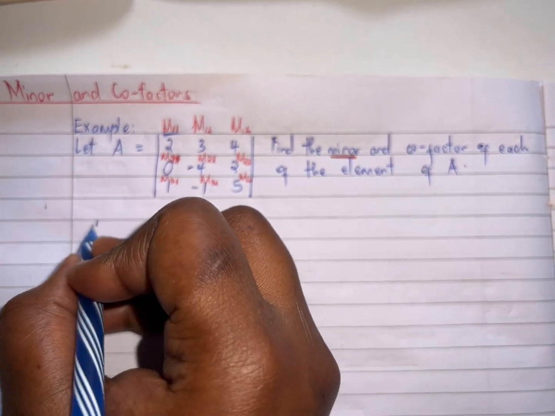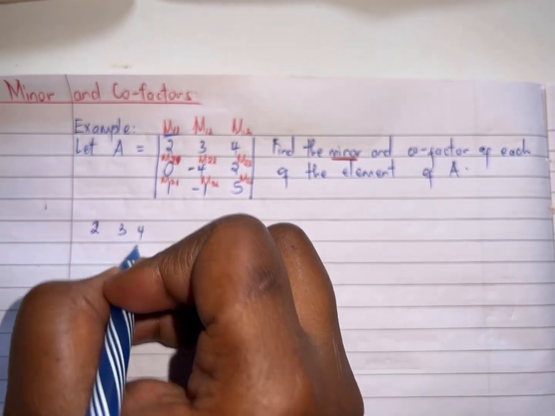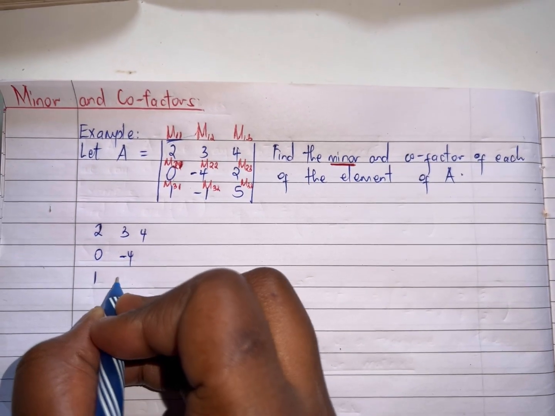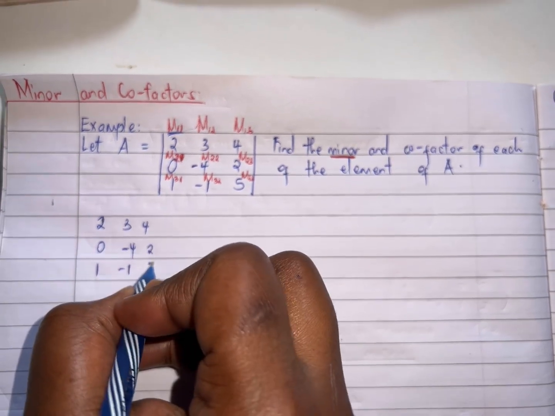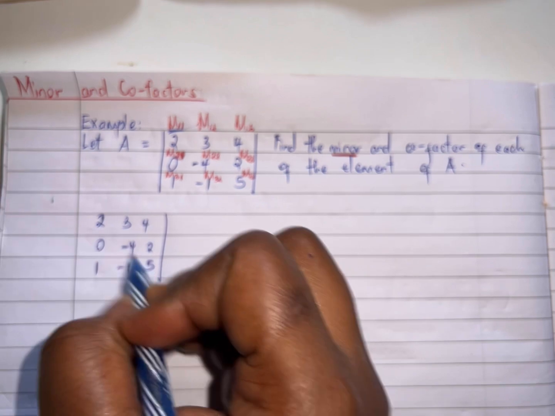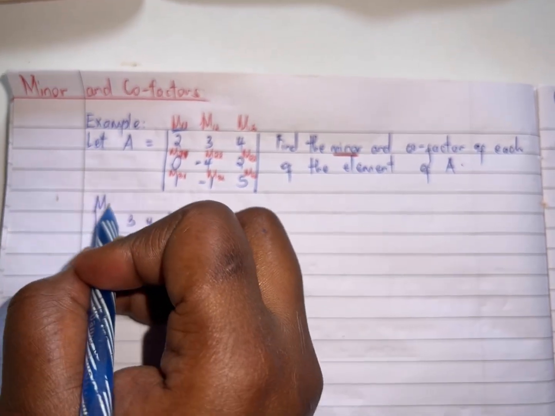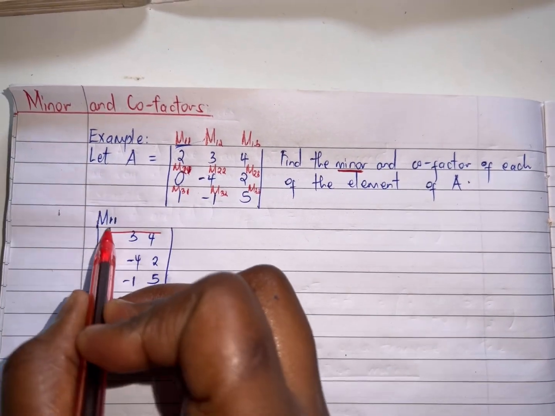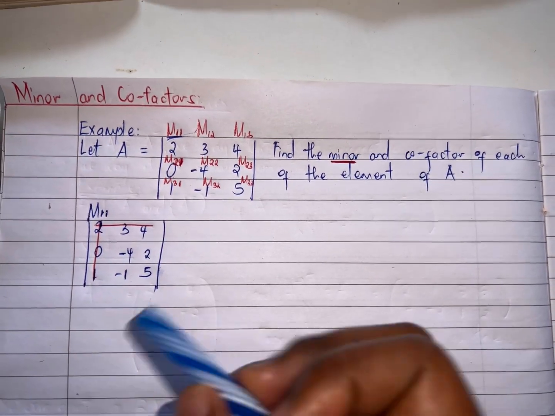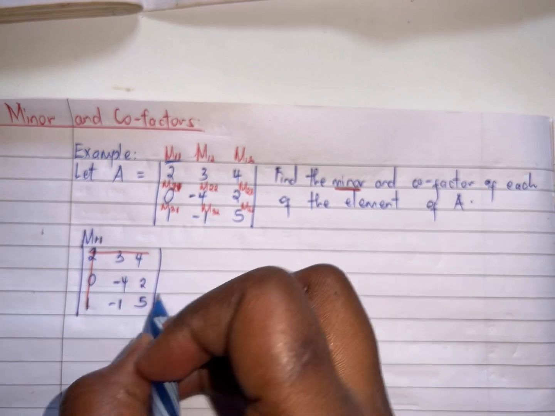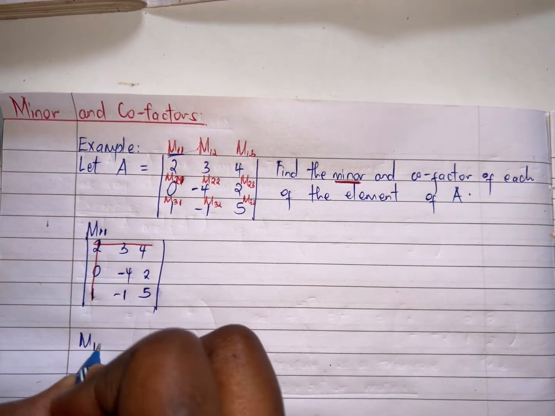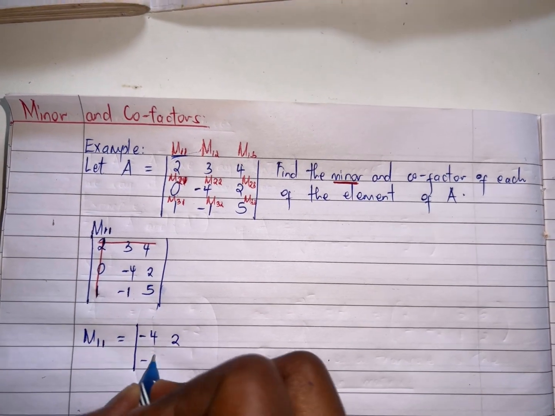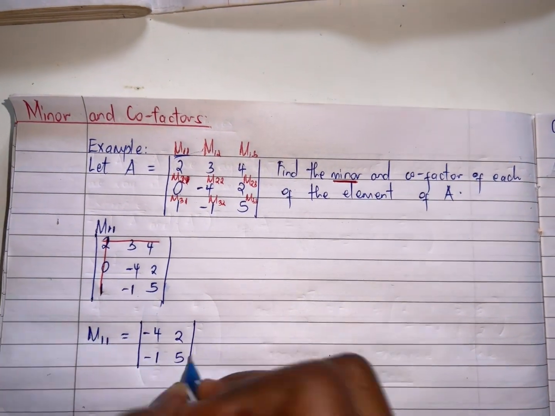So where M11 is, let me rewrite first. We're going to cancel the row and the column where M11 is. So M11 is negative 4, 2, negative 1, 5.